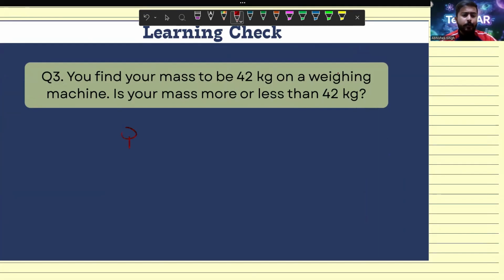So when you measure your mass, your mass is 42 kg. You actually measure the weight, and then that weight is converted into mass by the weighing machine automatically. Okay. But if I talk about it, you are actually living in air. You have air all around us. And air is a fluid.